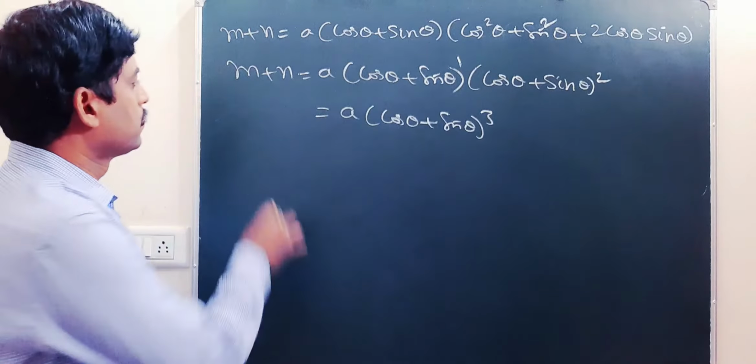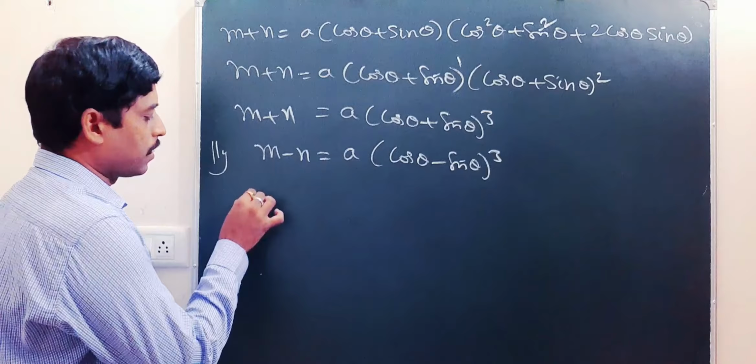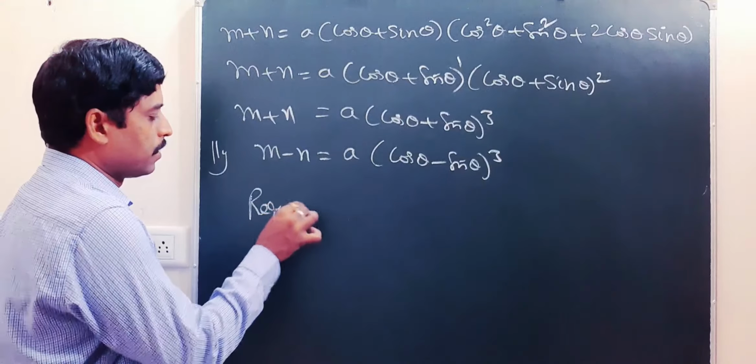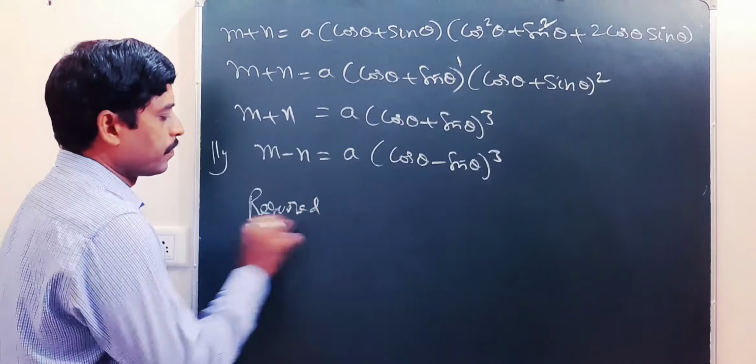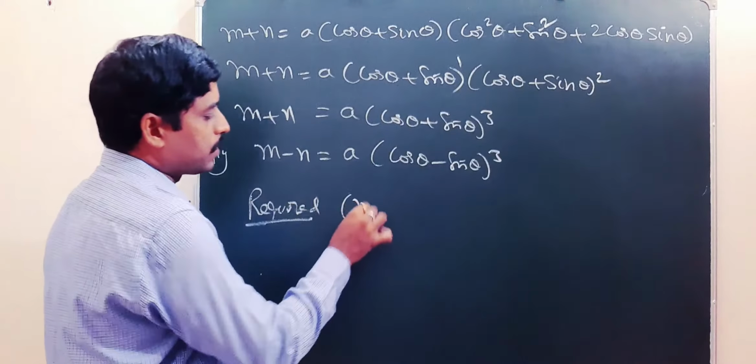Okay, so what is this value? m plus n. Similarly, m minus n is equal to a times (cos theta minus sin theta) whole cube. But what is our target? Required: (m plus n) to the power 2 by 3 plus (m minus n) to the power 2 by 3. For m plus n, we have got a into (cos theta plus sin theta) whole cube, to the power 2 by 3.